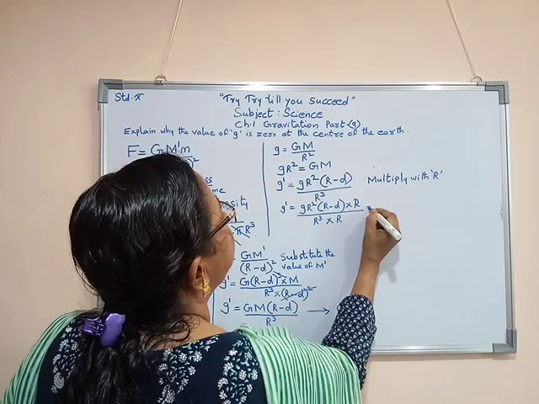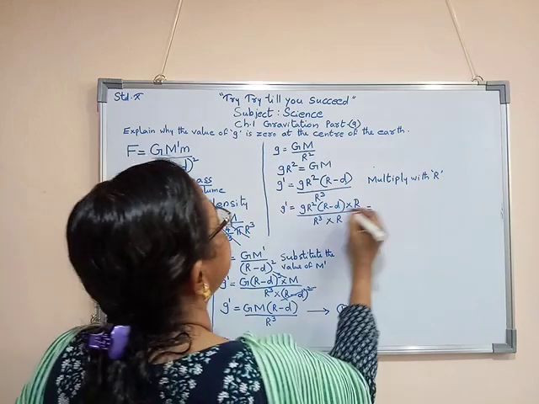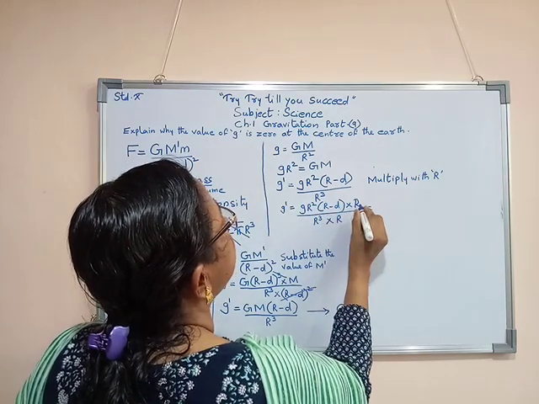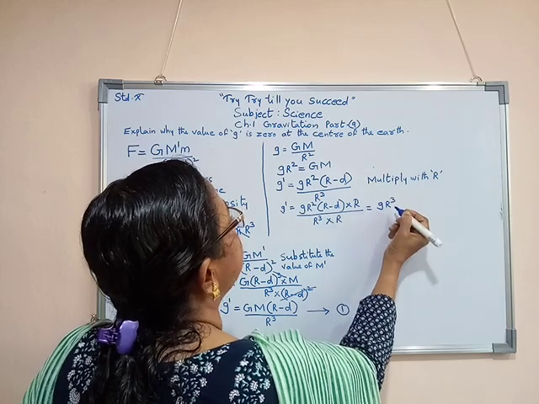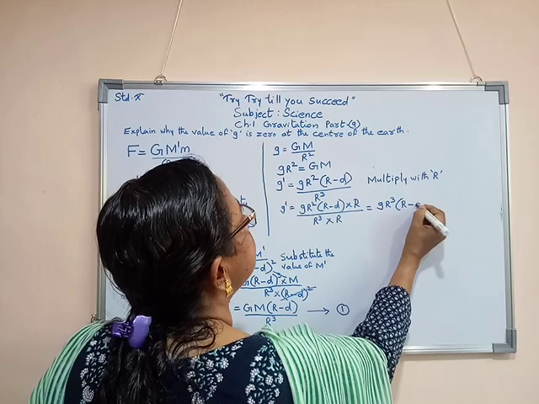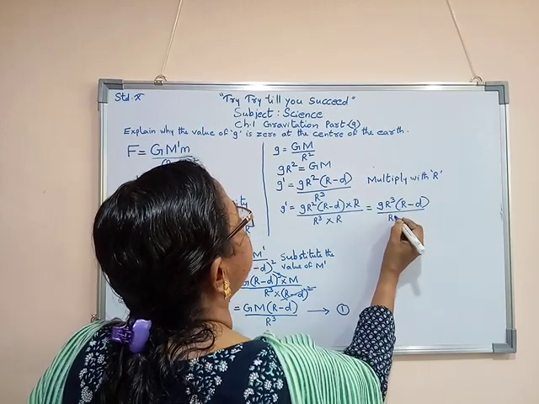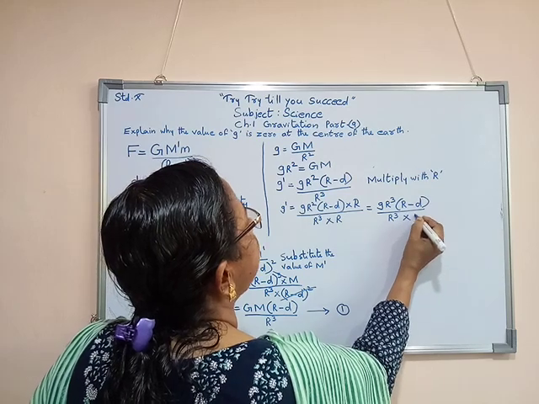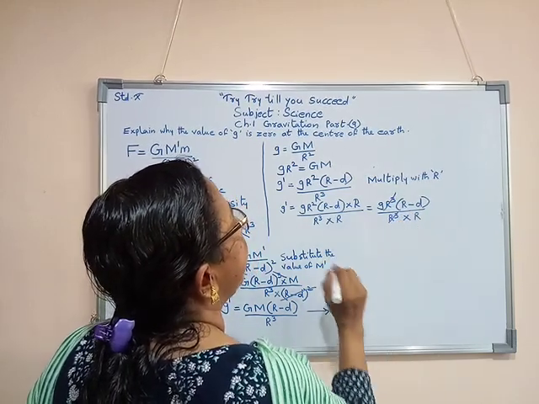Now after multiplying, what answer we will get? Let us see. So G dash is equal to GR square into R. So I am writing as GR cube into R minus D upon R cube into capital R. Both of them I am cancelling.